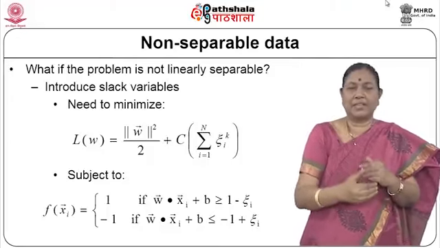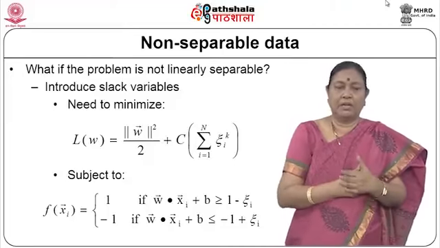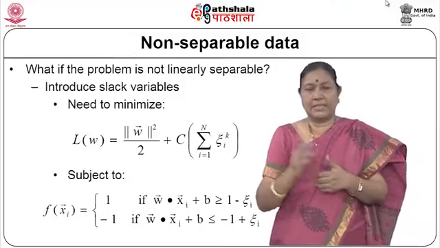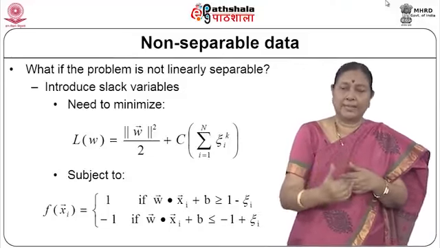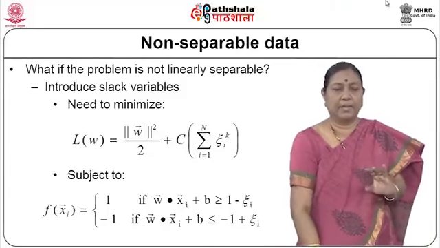It is subject to the condition that w x_i + b is greater than or equal to 1 - eta_i, or less than or equal to -1 + eta_i, for positive and negative examples respectively.